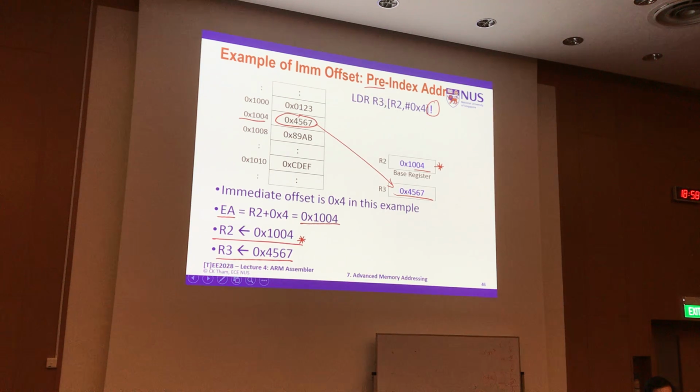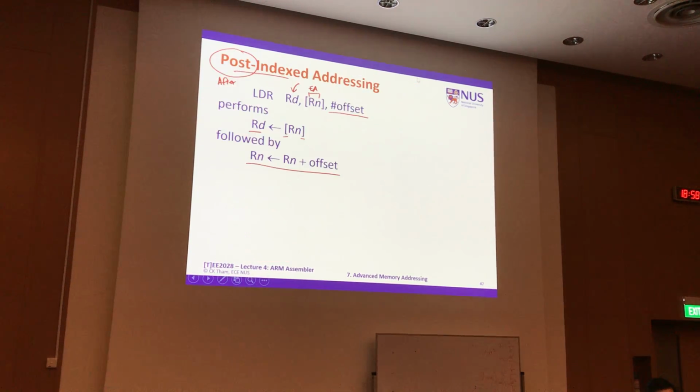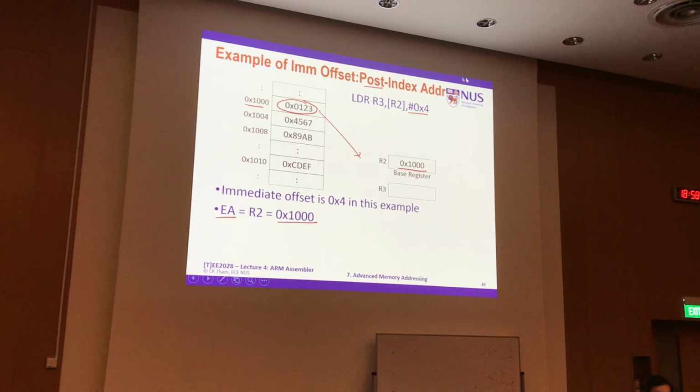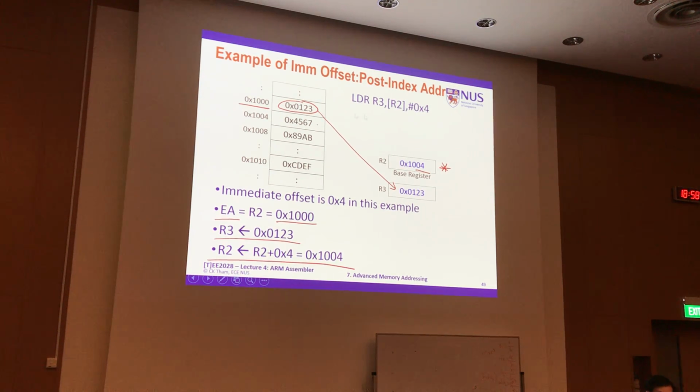Pre-index means I do the work first, so I calculate this first and then take the value from here. Post-index, which is the other case, is I use it first. So this is the value there, this is the value that gets transferred. Then only after that do I update this. So that's the post-index.